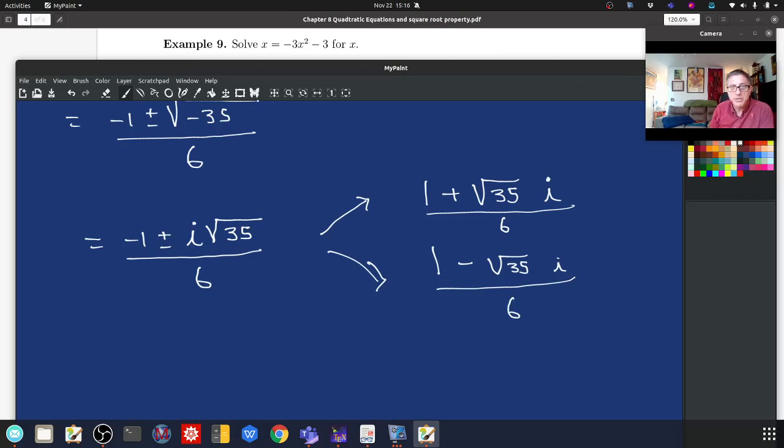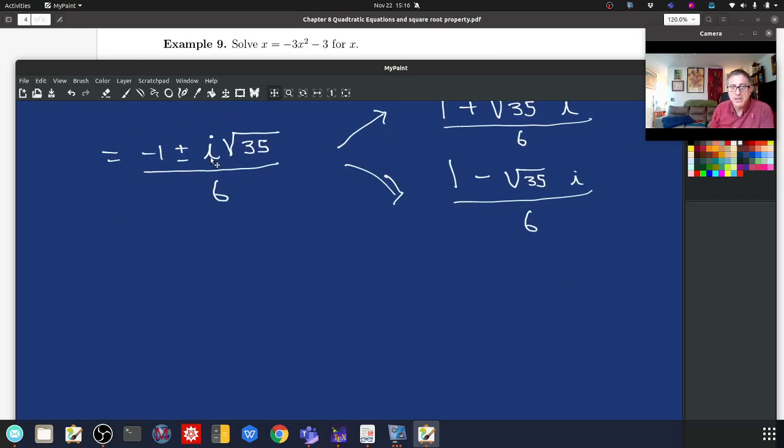Now, if you want to, the book is fine with putting the i first and the real number here. The reason I don't like that is we clearly state in standard form a complex number z is equal to a plus b times i, where a and b are real numbers.